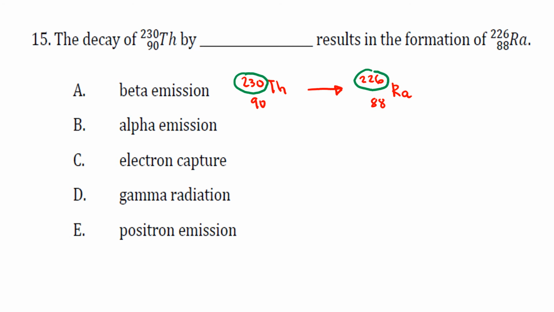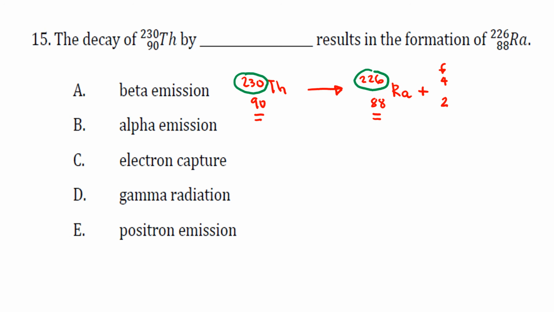So this particular decay actually produces a particle with a mass number of 4. And if we look at the atomic number, on the reactant side it's 90, and on the product side it's 88. So the other product should have an atomic number of 2.